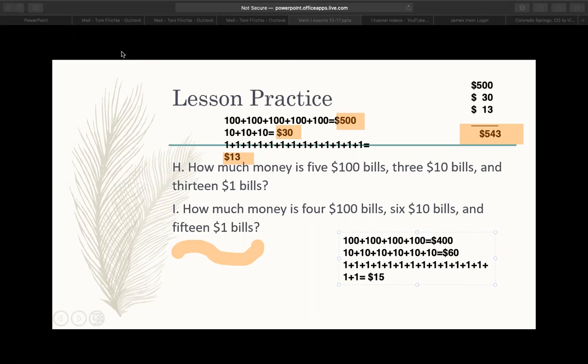So our three sums are $400, $60, and $15. Out of these three numbers, which is our greater number? $400. Next, we'll put 60 in the tens place, starting at the ones place, plus 15.